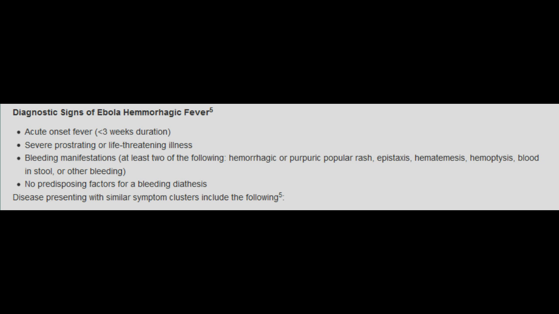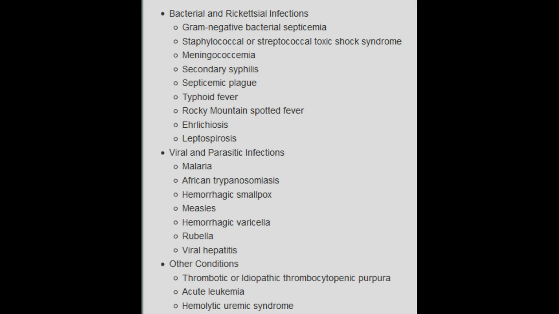Diseases presenting with similar symptom clusters include the following. You can see there's a whole list of things that Ebola resembles, unless you get the test back, and depending on how sick the patient actually is. And I want you to pay attention to the 5th one down, bacterial septicemic plague.